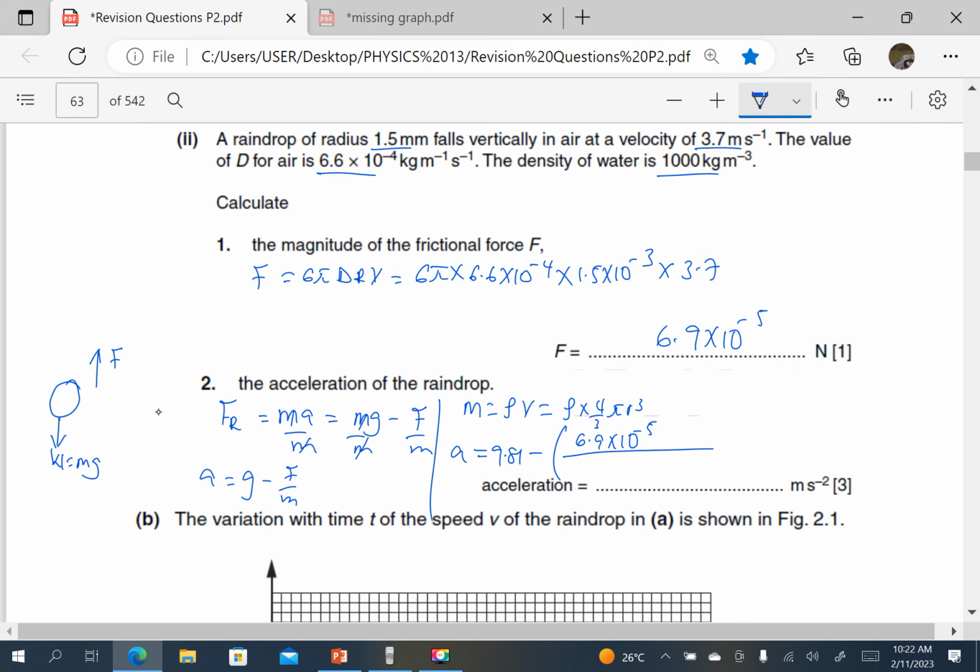The 3 goes up, so I will say times 3 upwards, so that in the denominator I remain with the density, which is 1000, times 4 pi times the radius, which is 1.5 times 10 to the power negative 3, raised to power 3. So that is our expression.